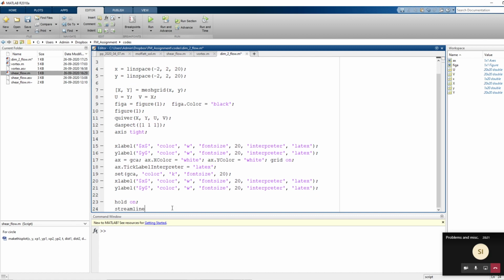Streamline x comma y comma u comma v. Then you have to give the starting points. So let's say start x, start y.